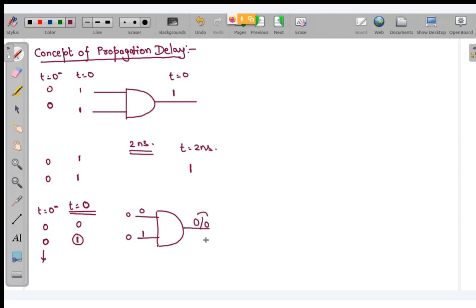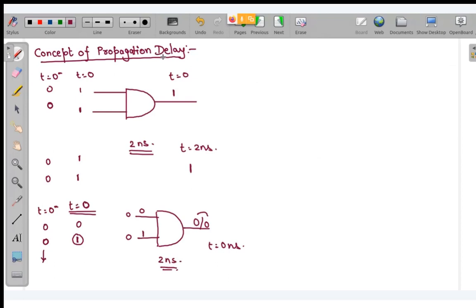So here you are going to say that the output stays stable. Even though this AND gate is non-ideal and has a delay of 2 nanoseconds, propagation delay is basically the time taken by the gate to stabilize the output.